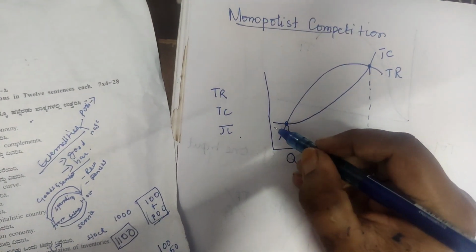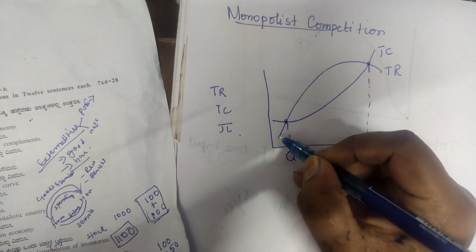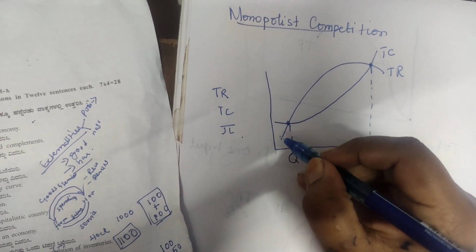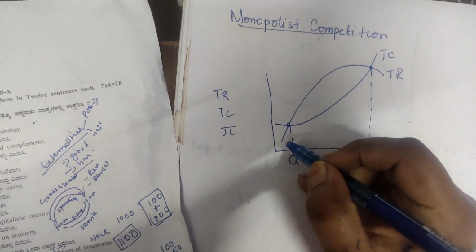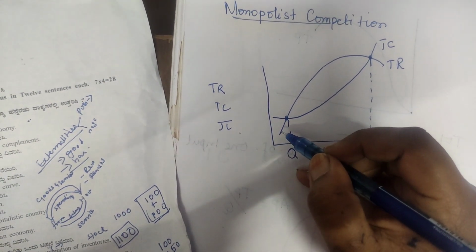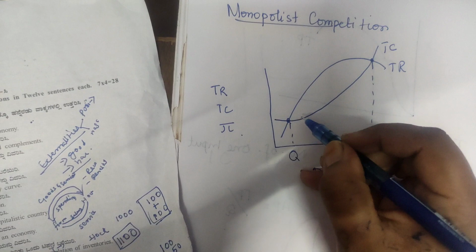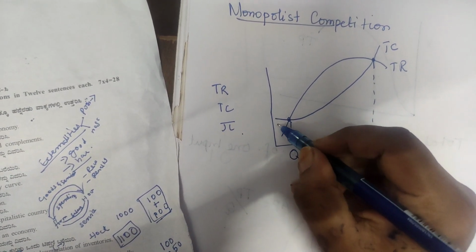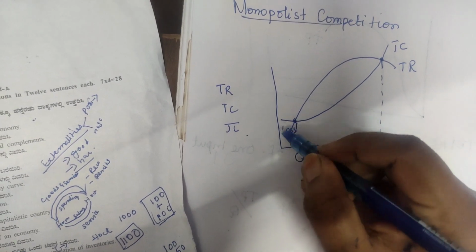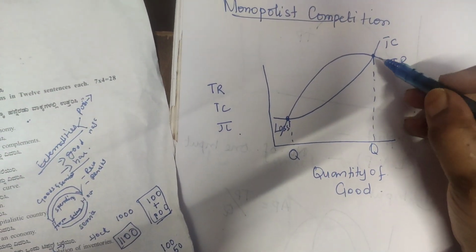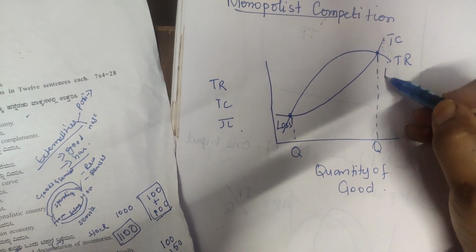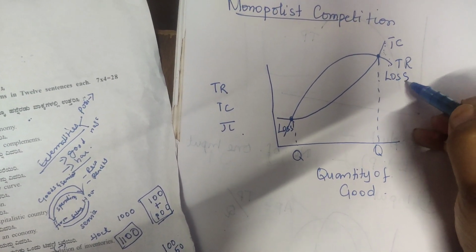Here you can see the total revenue is more. Where the total cost is more than the total revenue, it is loss. This phase is in loss. And even here you can see total cost is more than total revenue, so this is also in the phase of loss.